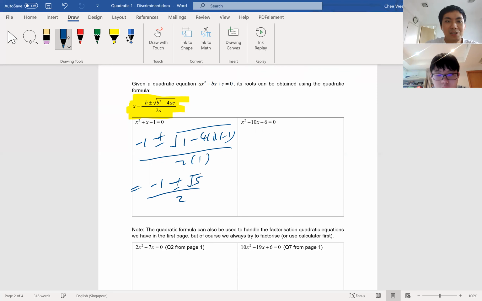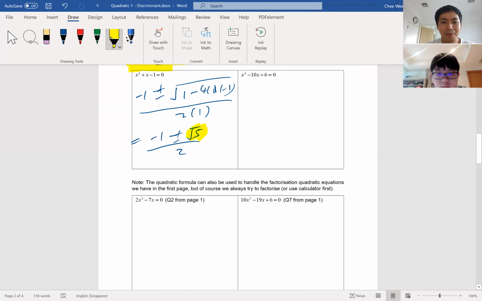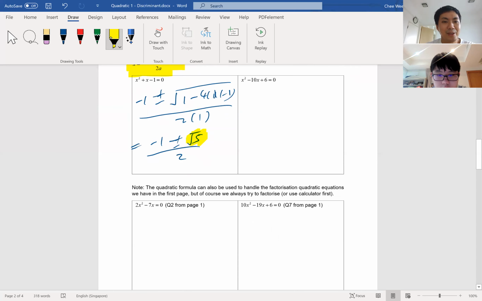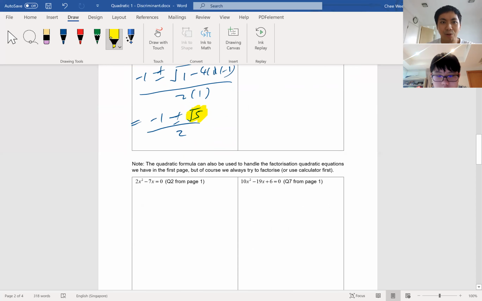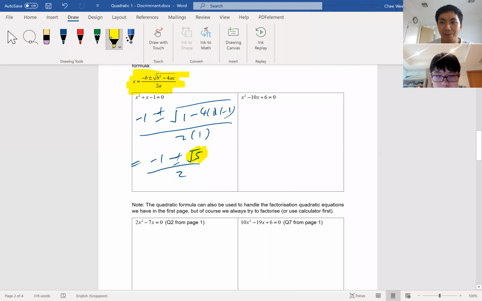Occasionally, this can be broken down further, and that's where the surds come in. So you have to watch out for these things. Not every quadratic equation can be factorized, but every quadratic equation can be pushed through the quadratic formula. From there, we can assert whether there would be 2 roots, 1 root, or no roots.